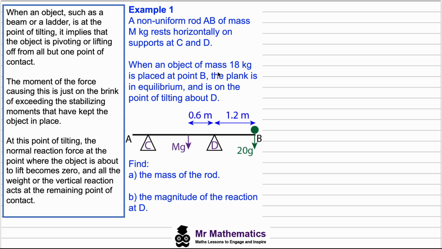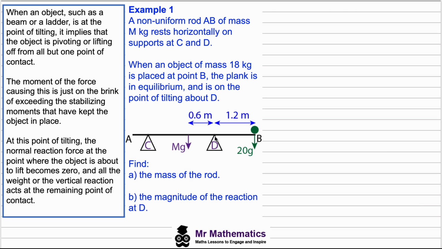And when an object of mass 18 kilograms is placed at point B, the plank is in equilibrium and is on the point of tilting about D. So this mass is going to tilt this rod about D in this direction. And we've been asked to find the mass of the rod and the magnitude of the reaction at D.